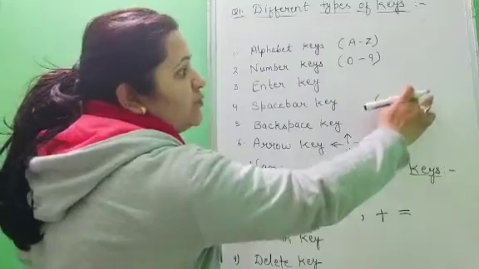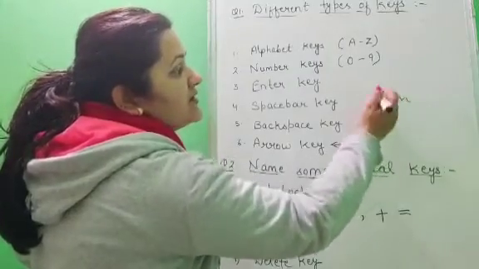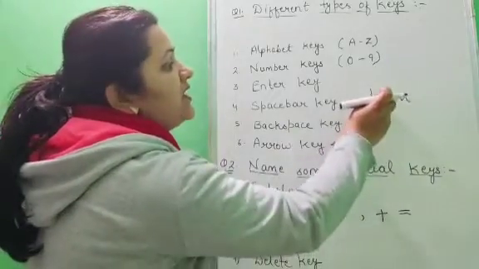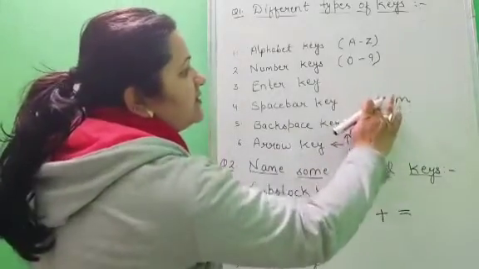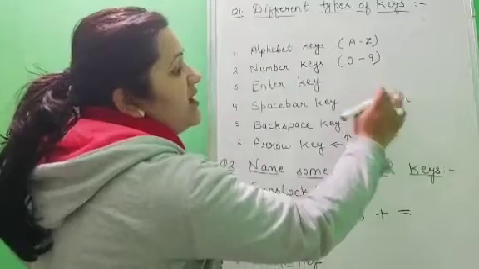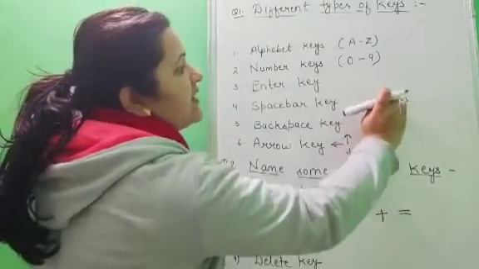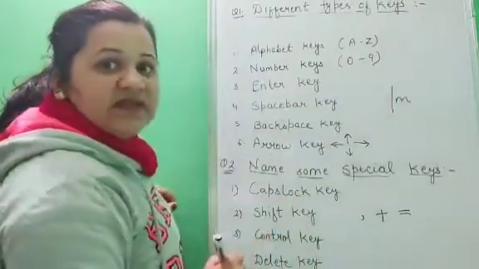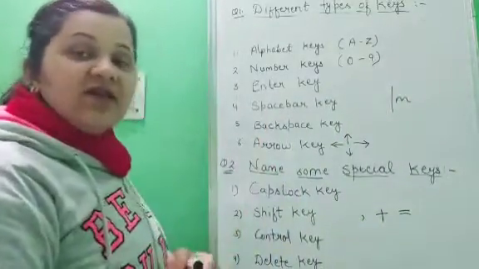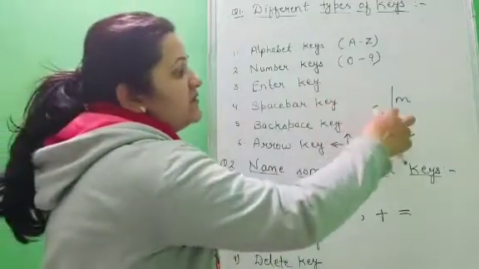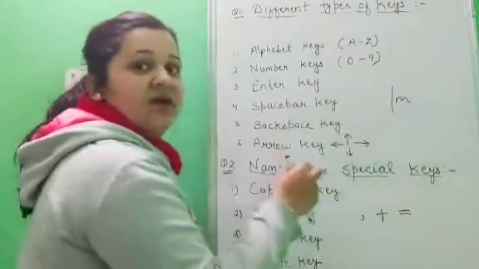So you have to move the cursor before the word and then press the delete key. Then it will delete C and the cursor will stay here. If I press the delete key again, it will erase O. So this is how the delete key erases letters from the right side of the cursor.